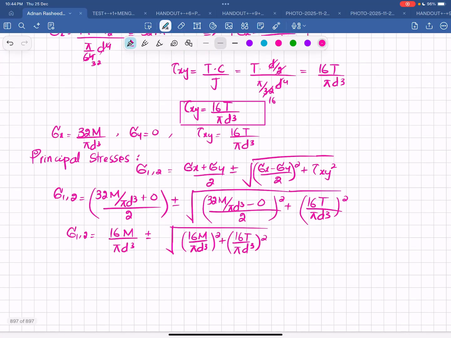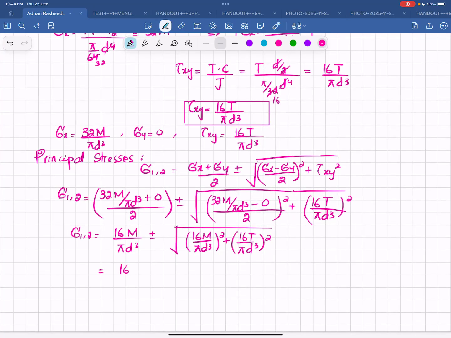Okay, now this will be equal to 16M over pi d cube plus minus, and if you take 16 over pi d cube whole squared common, it will give us M squared plus T squared.